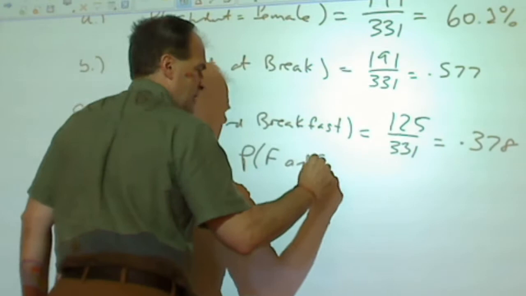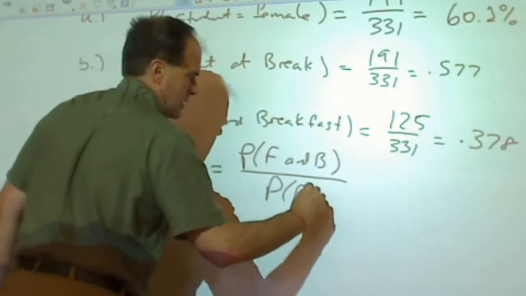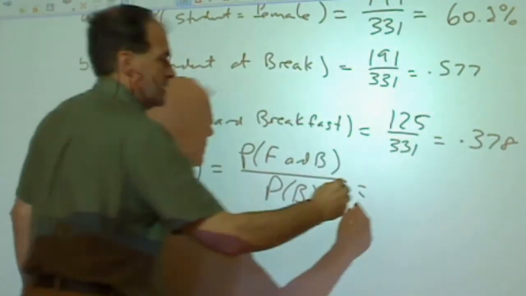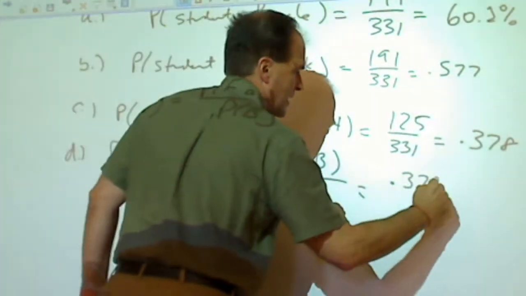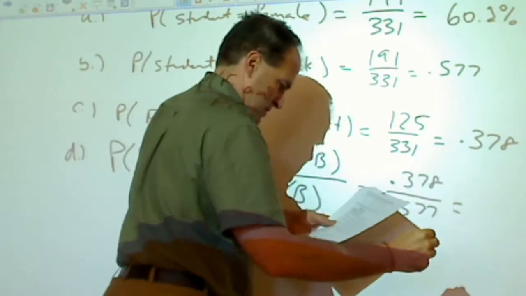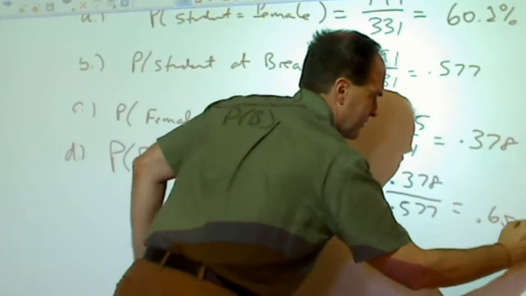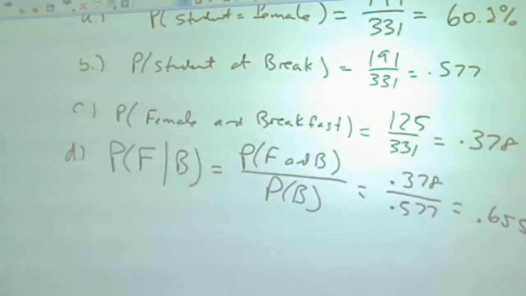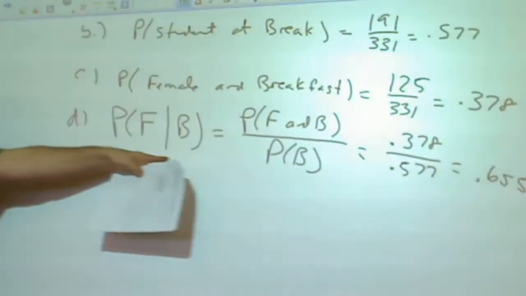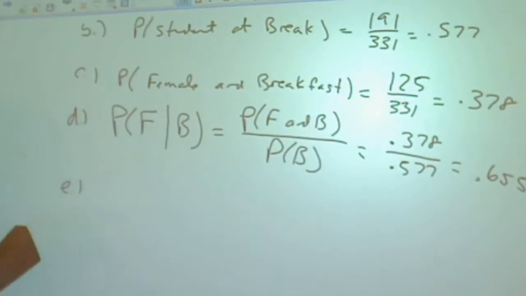F and B all over the B. We've calculated all of them above. So 0.378 over 0.577, 0.655, 65.5%. Again, the conditional formula will be on the cheat sheet.